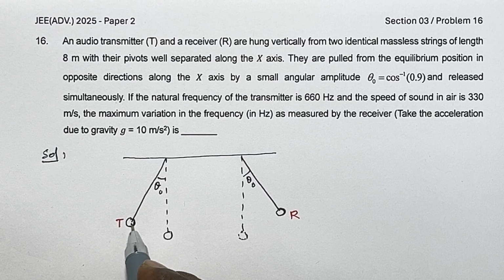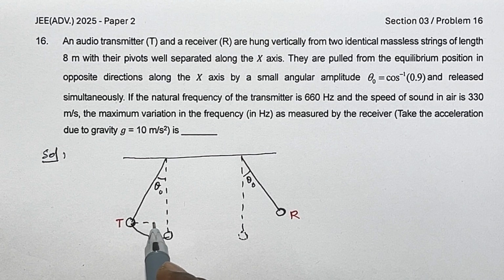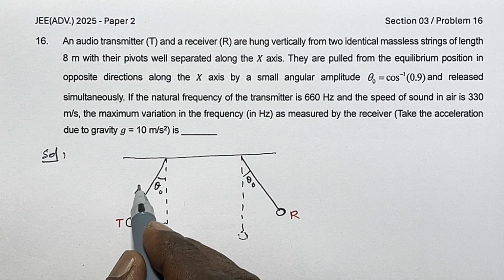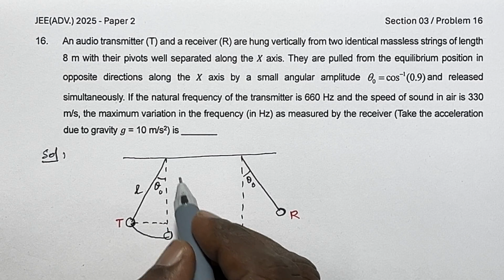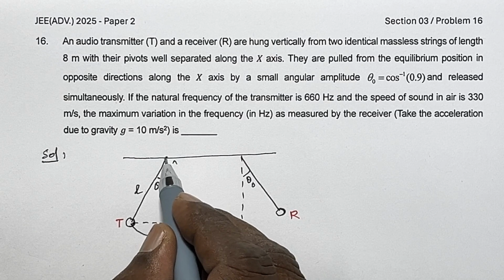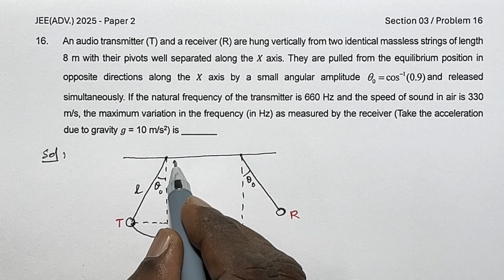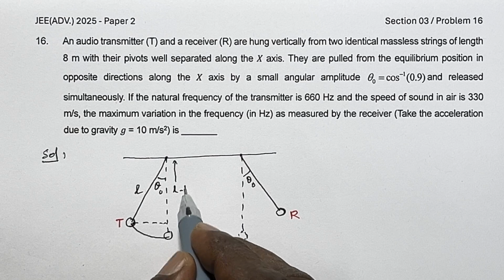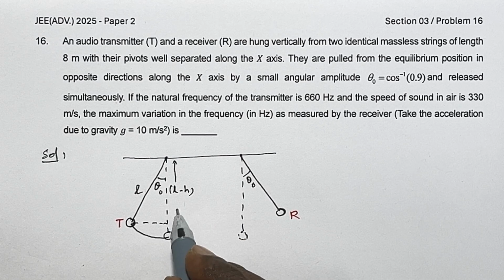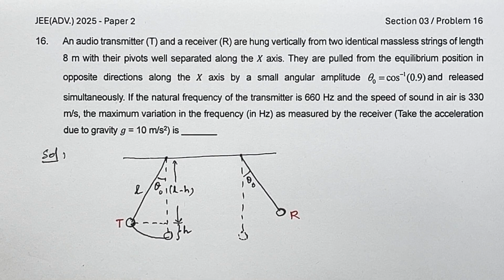When we pull and leave it, the length is L, that is 8 meter. This is the pivot, L minus H is the length up to here, and this is the height H it has moved up.